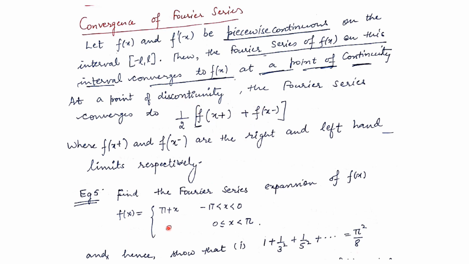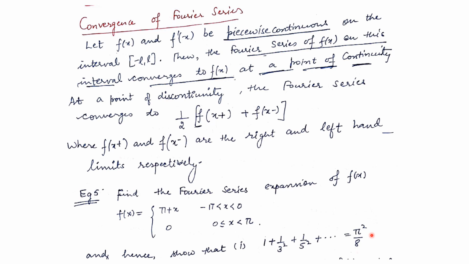For example, find the Fourier series expansion of f(x) of this function and hence show that this series converges to pi square by 8. The value of this is pi square by 8.